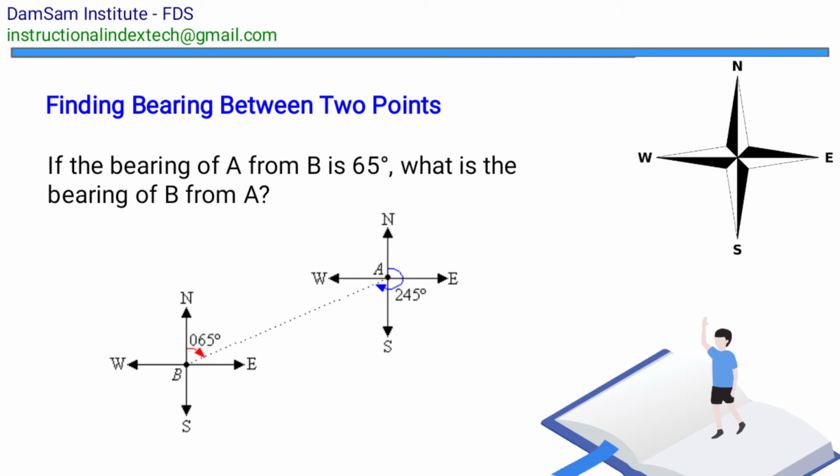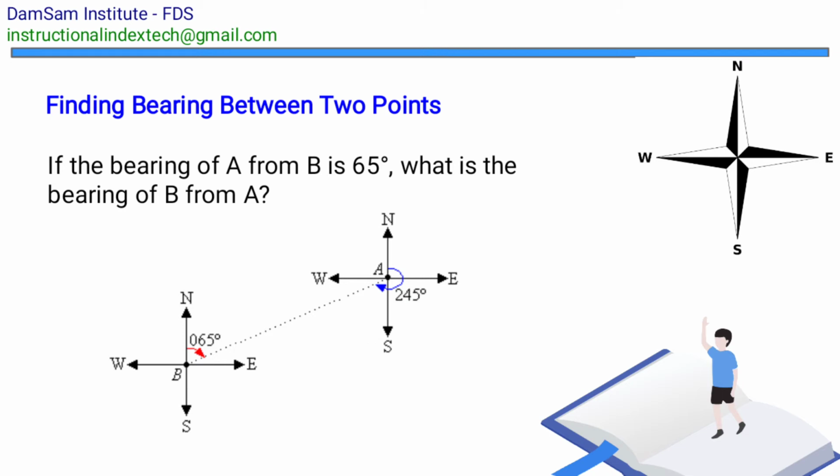So we can easily say that 65 degrees plus that 180 degrees is going to be 245 degrees.